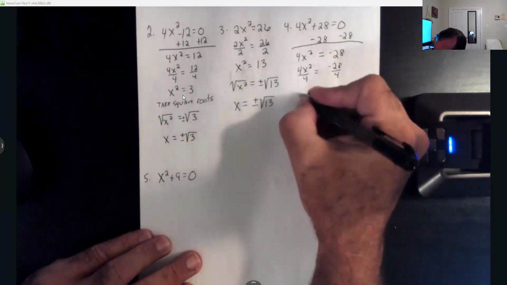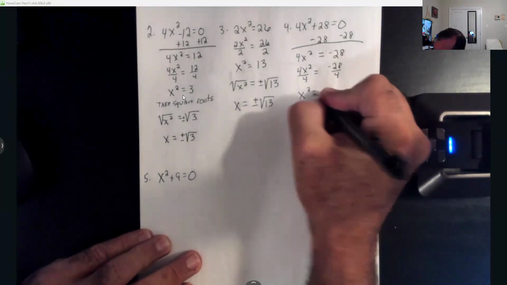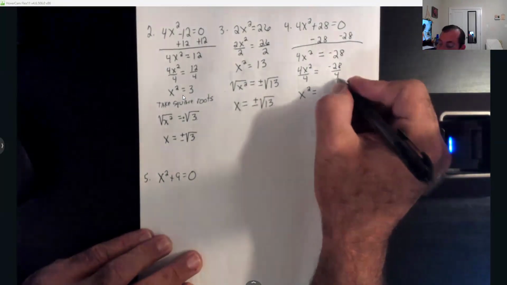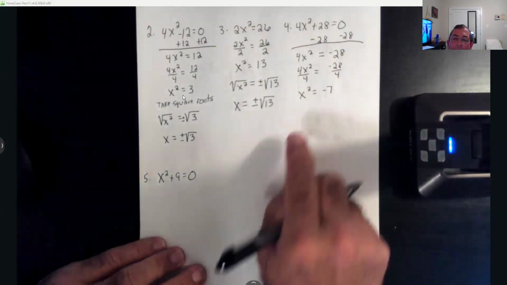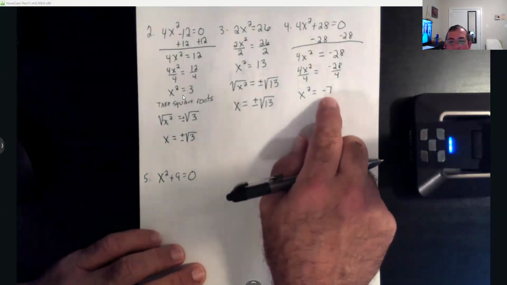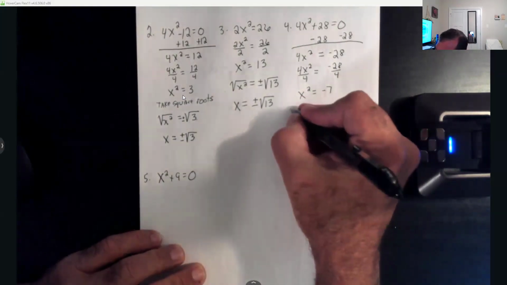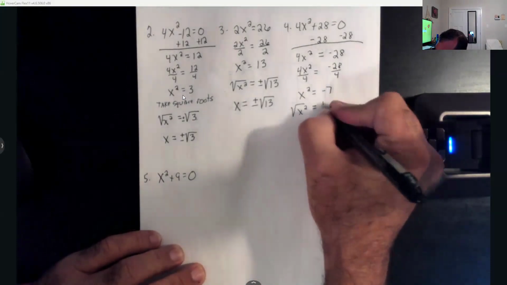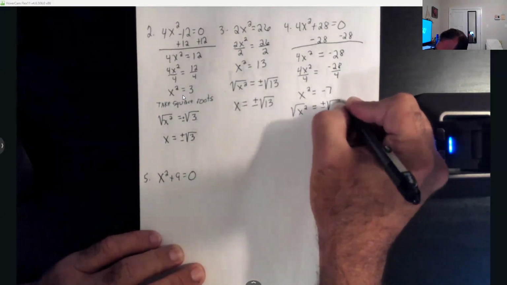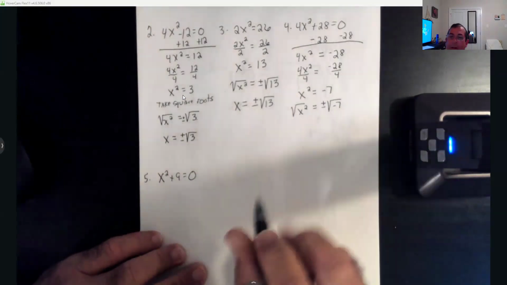So that cancels. I got my x squared. That's going to equal -28 divided by 4, which is a -7. So, y'all, watch this. I'm going to do the square root now. So this will equal a plus or minus square root of -7.